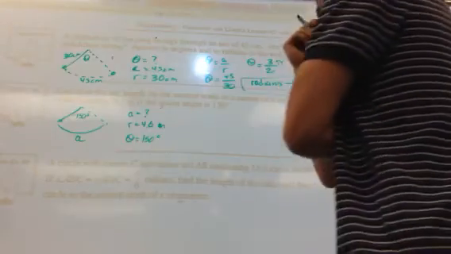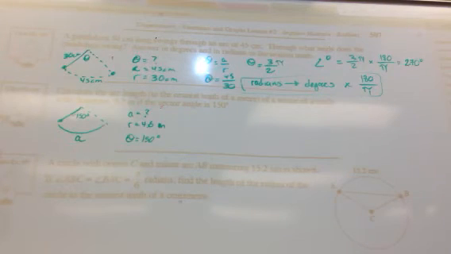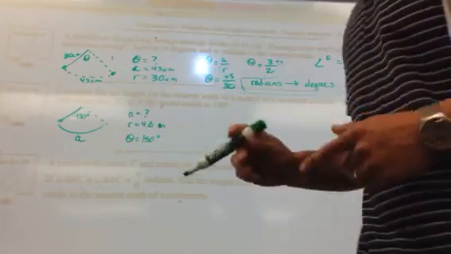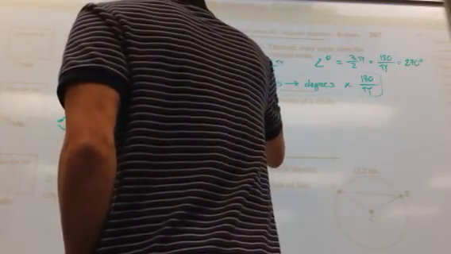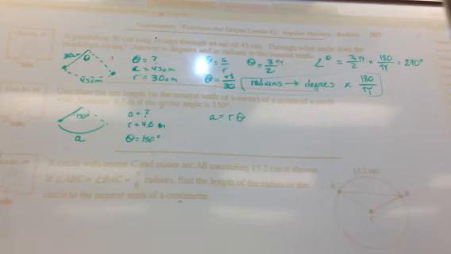So how would I organize this formula if I'm solving for my arc length? R times theta. That's right. A is equal to R times theta.